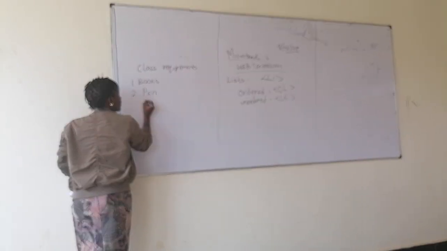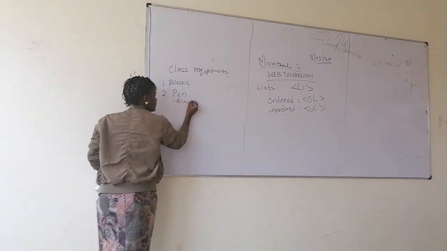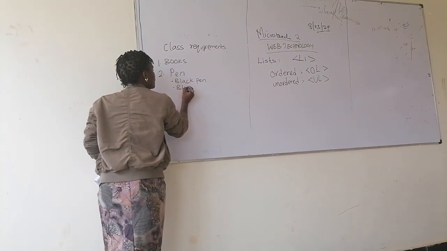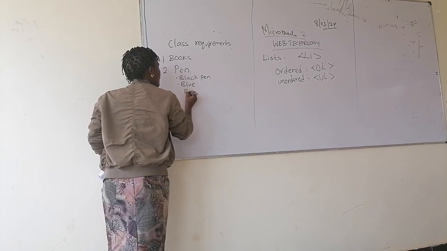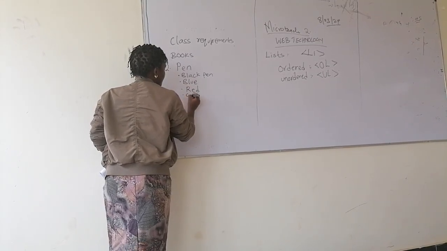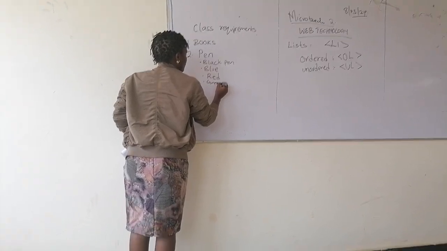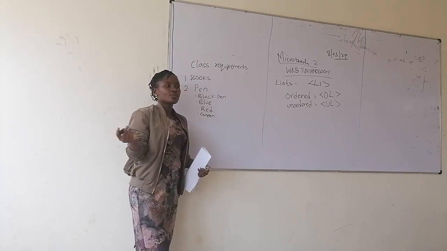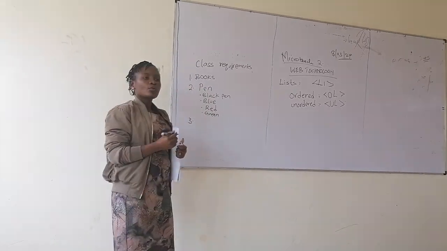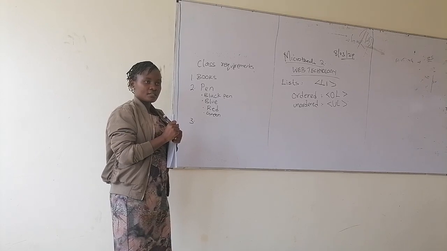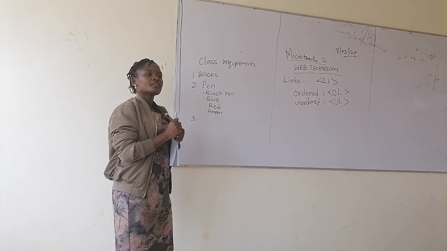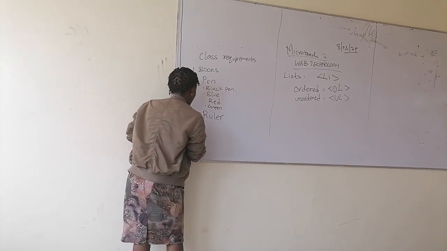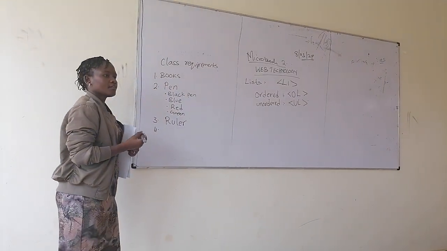Then under pen we have black pen, blue pen, red, and green. Then number three, what else do we need in our class? What do you require in order to go to class? The time, ruler. Another thing, full stops.